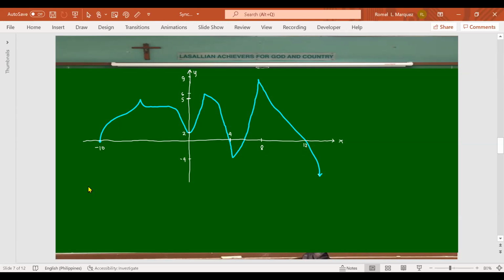Okay, let's say you're asked, what is the relative minimum value or values of f? Let's say this is the graph of f. What's your answer, guys?